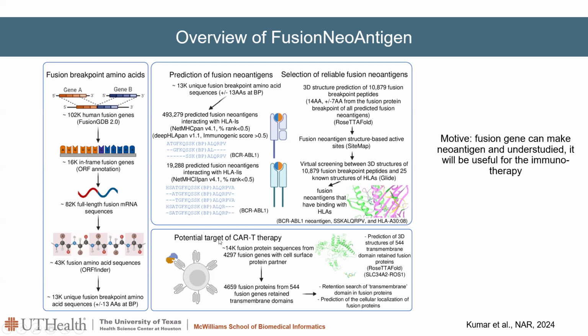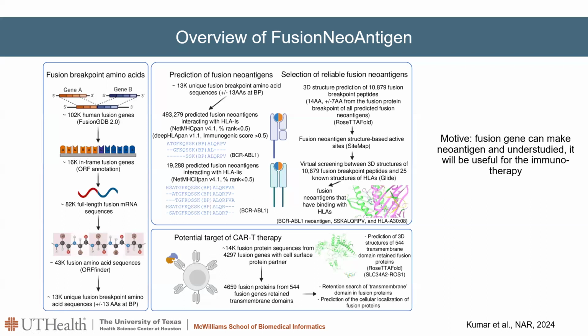We also provide the potential CAR-T therapy targets in fusion genes. Since CAR-T therapy targets cell surface proteins, we first checked how many fusion genes are formed with any cell surface protein partner.